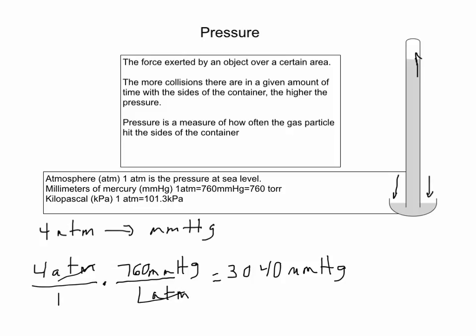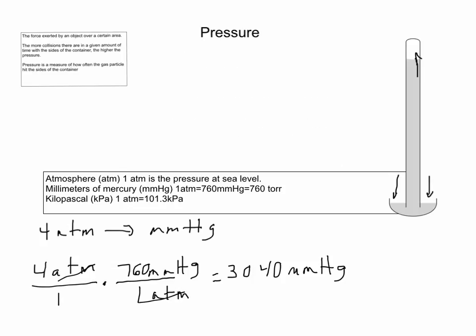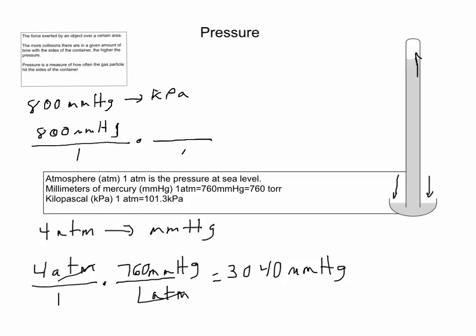Let's look at one more problem, where I have to convert 800 millimeters of mercury, and I want to get that to kilopascals. Well, I don't have a direct relationship there. So what do I do? 800 millimeters of mercury over 1, times, so millimeters of mercury will still go on the bottom.